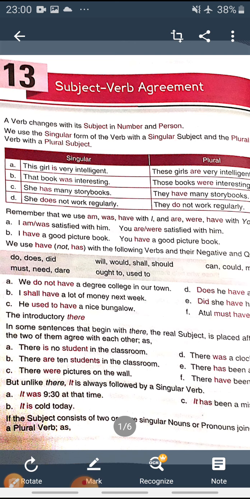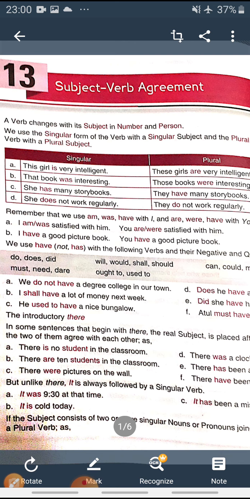Like there is no student in the classroom. Now here is the verb which should agree with the subject student. Here the subject is placed after the verb, but both should agree with each other.